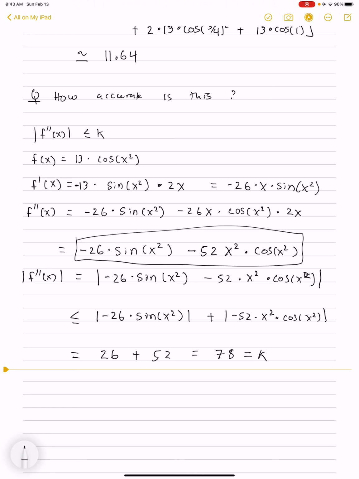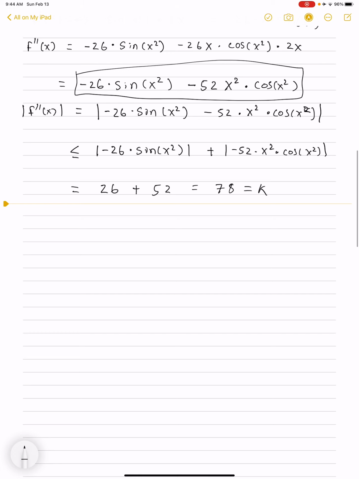Now, for us, we just need to plug in the values for that trapezoid rule. And so the error for the trapezoid rule is less than or equal to k times b minus a cubed divided by 12n squared.